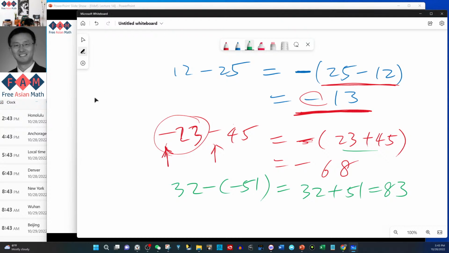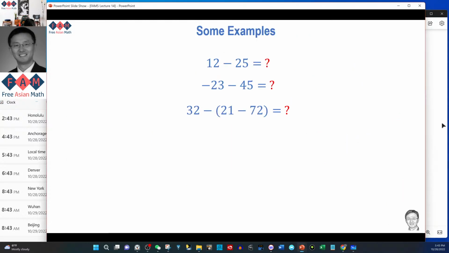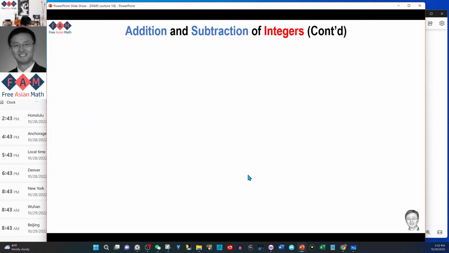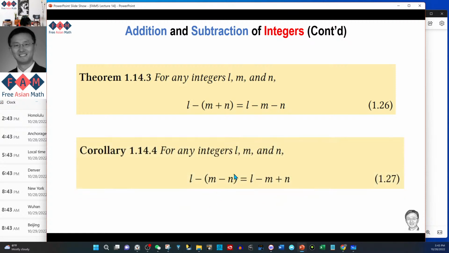Or perhaps someone prefers to do it differently. I don't want to evaluate a negative subtraction inside. I just want to get rid of the parentheses first. So you can do that. Remember, we just proved the corollary, right? We can remove the parentheses. That's 1.27.